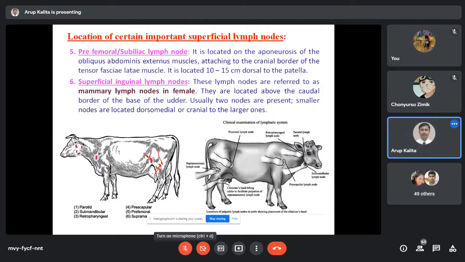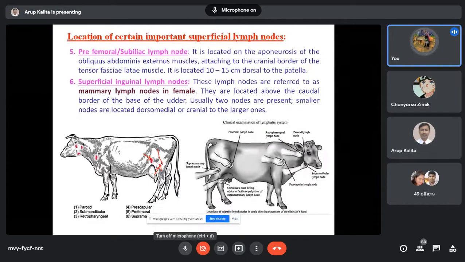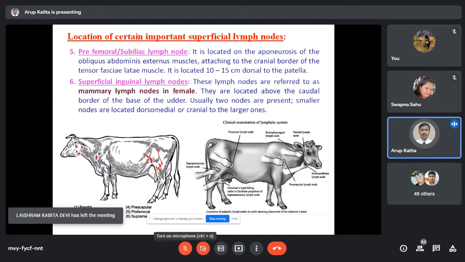Number two, you have to know the exact size of this lymph node. Then only you can say it is swelling or not. Correct or not? Yes, sir. So first of all, you have to know the location of these lymph nodes. Number two, you have to know the size of these lymph nodes. Then only you will be able to identify whether these lymph nodes are normal or abnormal. Correct?